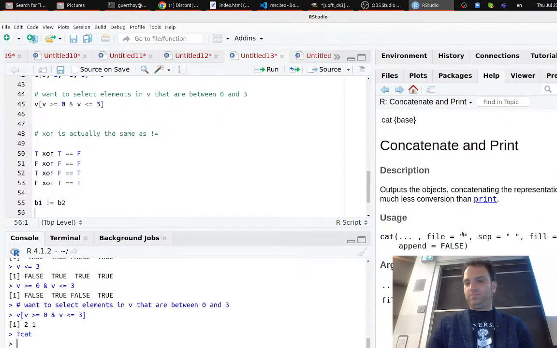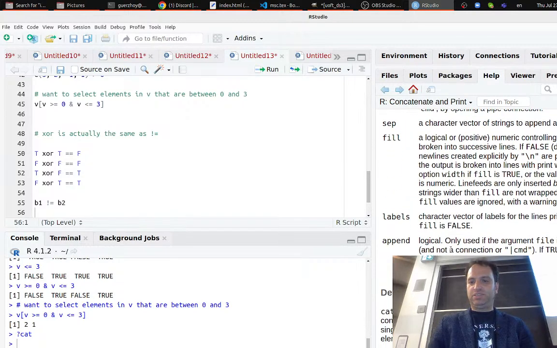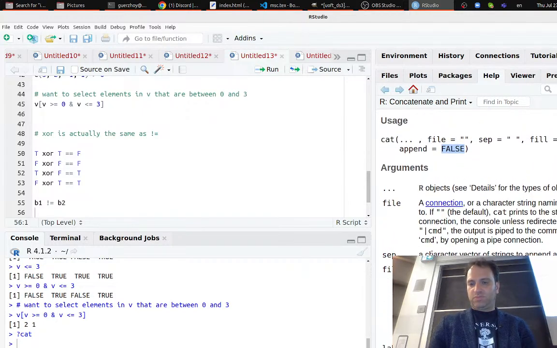I think append is for files. I can play around with it, but I don't know, because you wouldn't use it in R anyway.